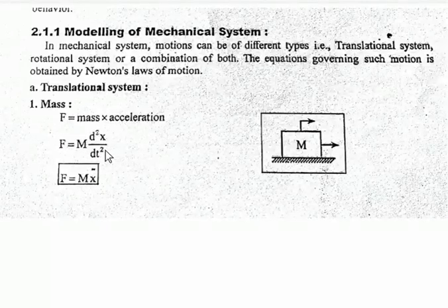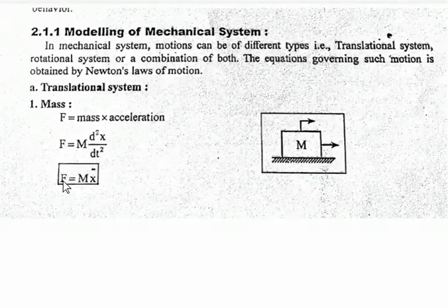M is mass and the acceleration is d square x by dt square. So you can write F is equal to m x double dot. The double dot indicates differentiation, representing d square x by dt square, a second order differentiation.